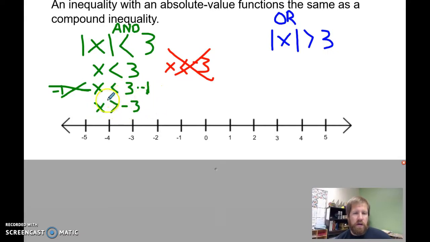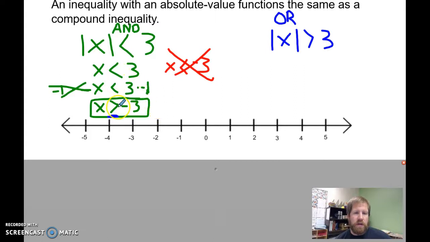All right, so you can jump straight to this step, but you have to remember to flip that sign. That's one of the most common mistakes that people make, both in solving multi-step inequalities and in absolute value inequalities.